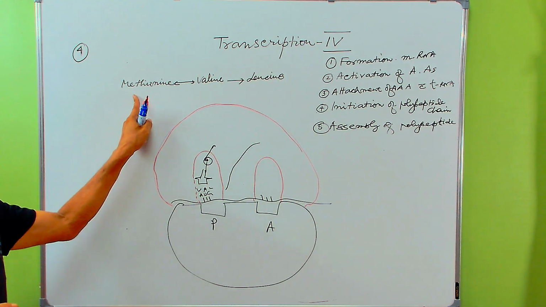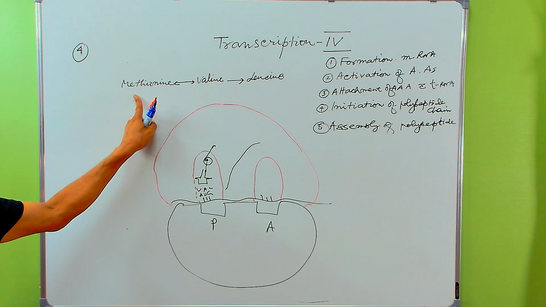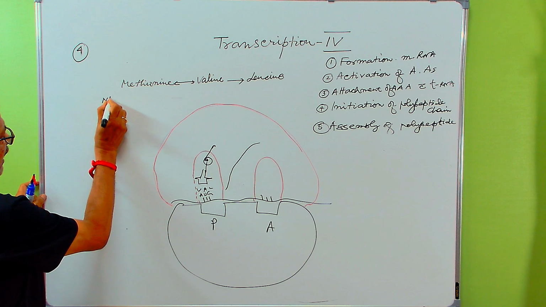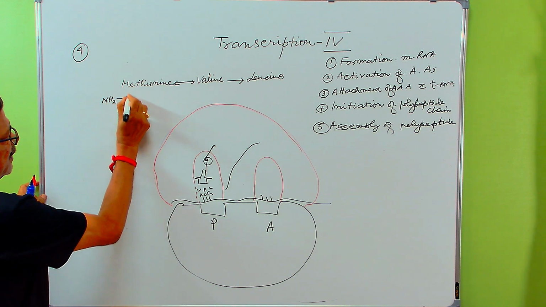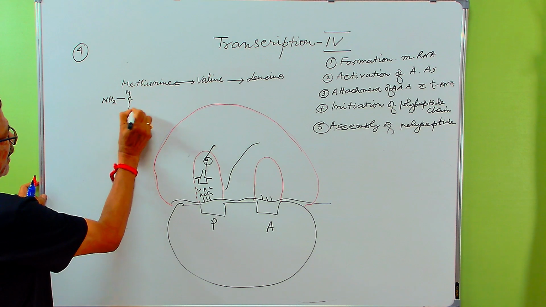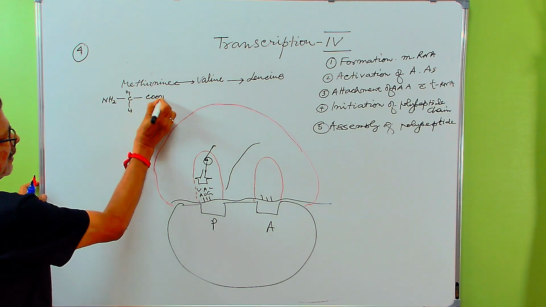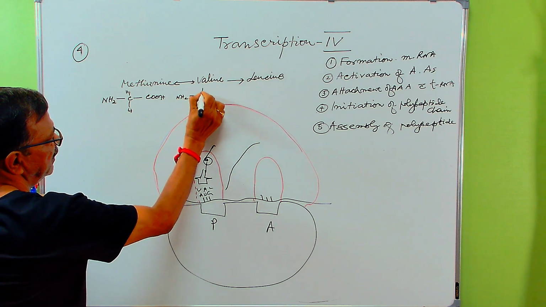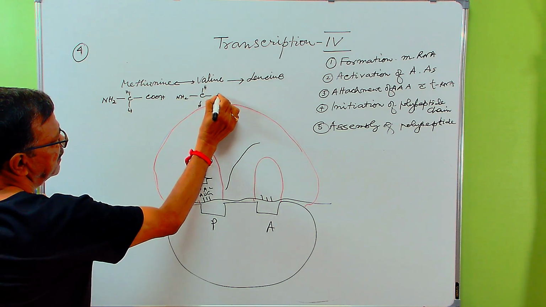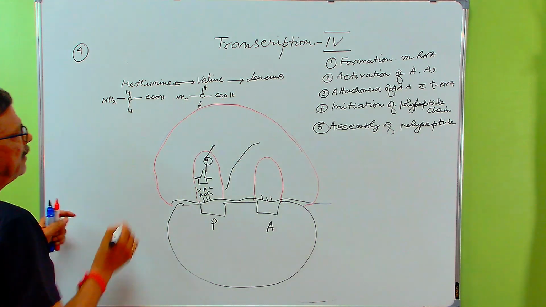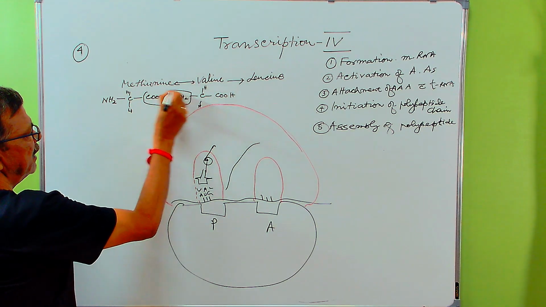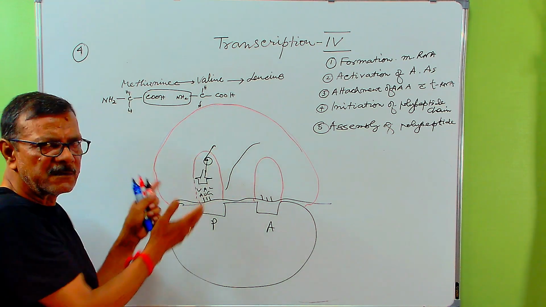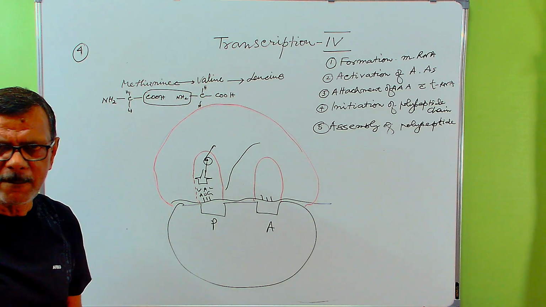Now this methionine, listen carefully, this methionine has NH2, C, H, H, COOH, and this valine has NH2, C, H, H, COOH. Clear? Now this is forming a peptide bond. And now after forming this peptide bond, tRNA goes out.